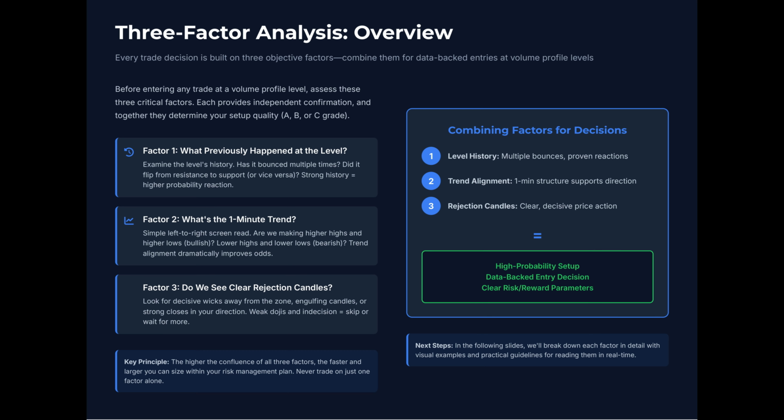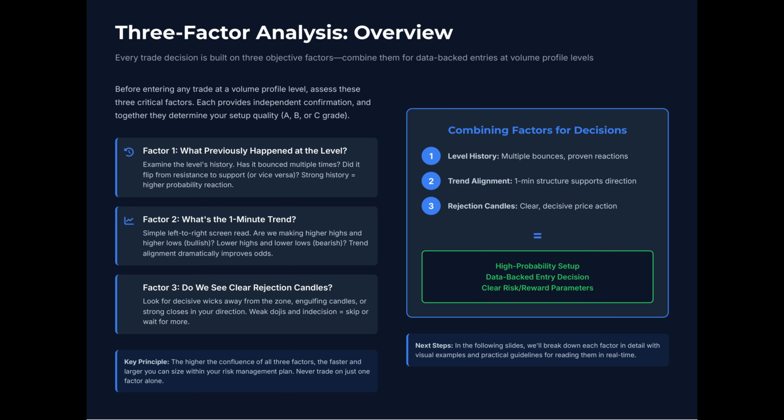Total scores classify setups. 5 to 6 equals A-grade, aggressive entry. 3 to 4 equals B-grade, confirmation required. 0 to 2 equals C-grade, skip entirely. Apply this framework systematically to every level touch. No exceptions, no emotional overrides. Consistency in evaluation creates consistency in results.